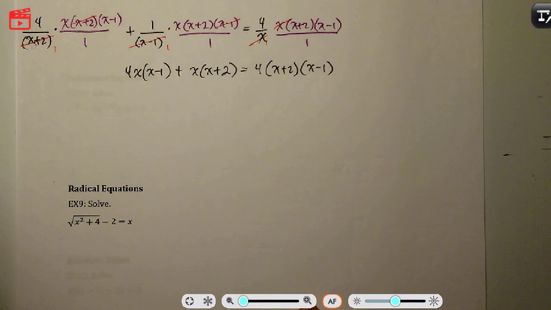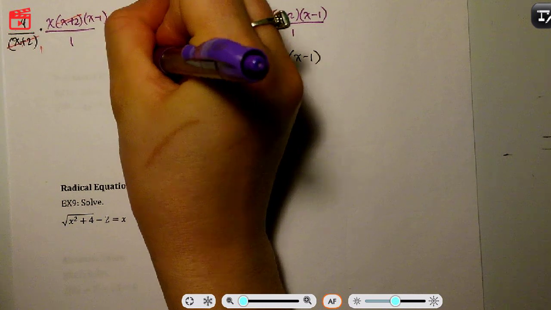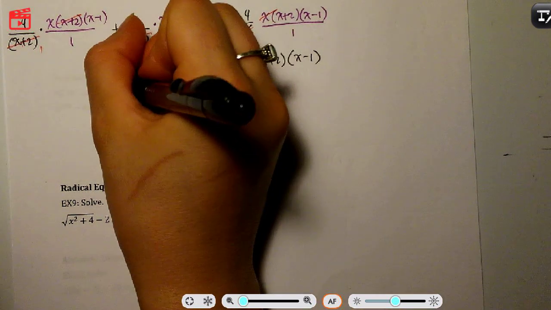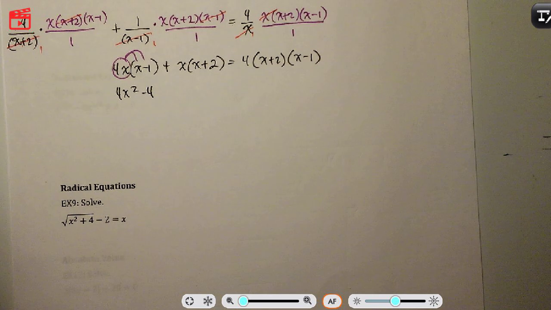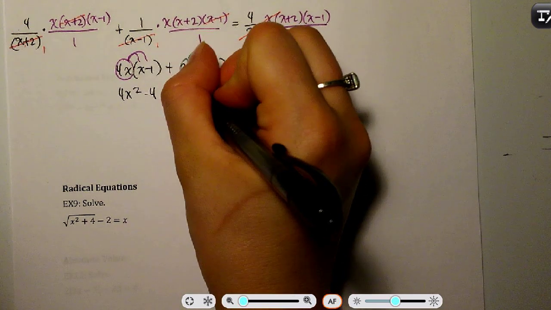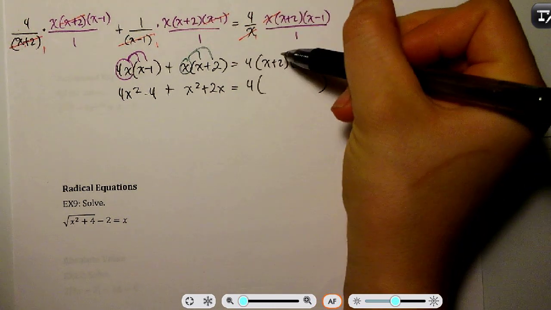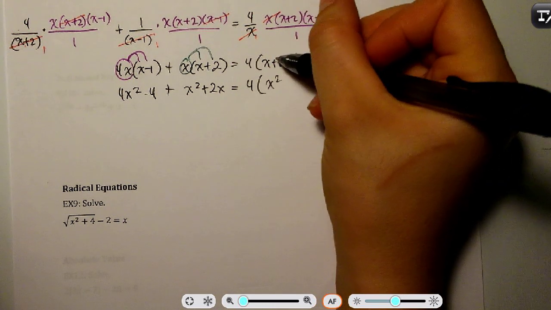All right, let's see. We got a bunch of parentheses going on, so I'm going to use the distributive property. Let's go ahead and multiply that out. 4x squared minus 4 plus, distribute this out, x squared plus 2x equals, and let's see, let's FOIL this out first. So that's going to be 4 times x is x squared.